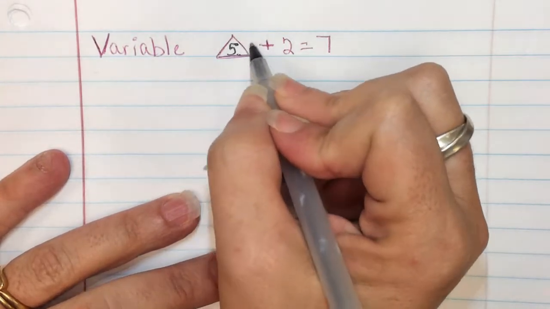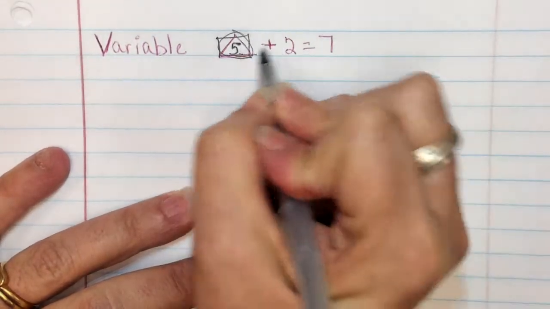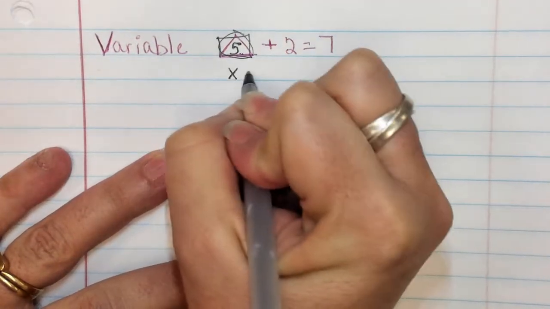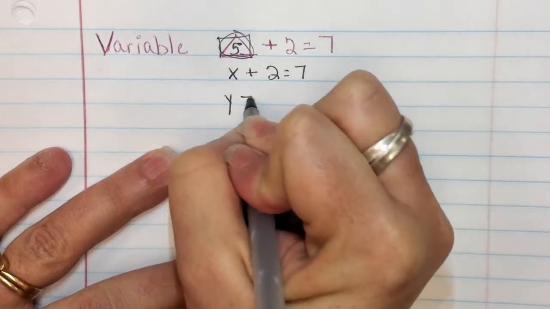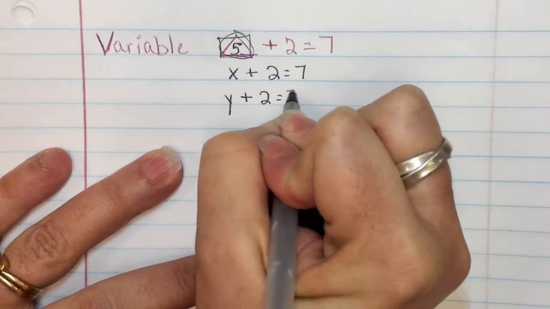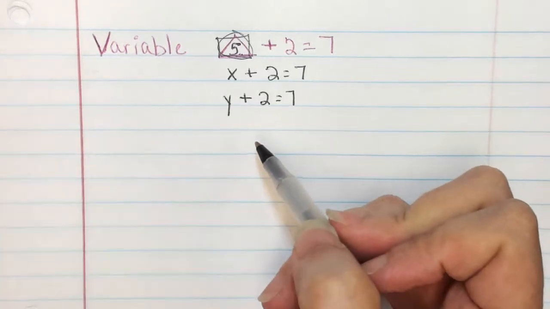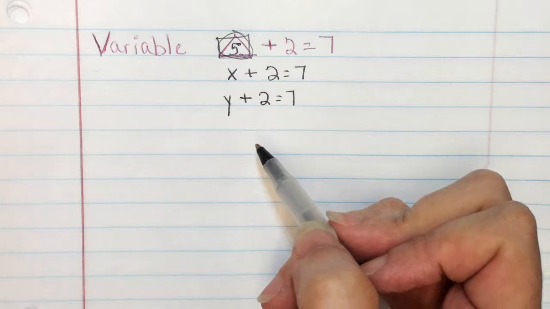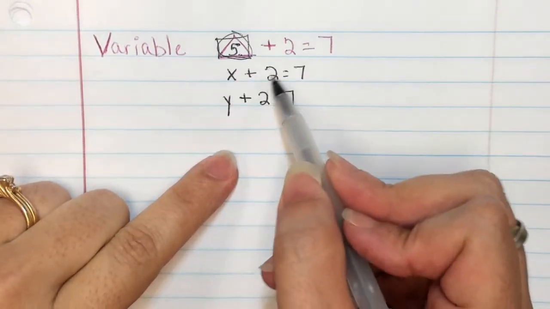They started out back in first and second grade with little boxes, maybe a circle or a triangle. Now, they're going to start using letters, and those letters can be any letter of the alphabet. I will say they don't usually use an O, an I, or an L because they usually look like a 0 or a 1, and we want them to look different than our numbers.